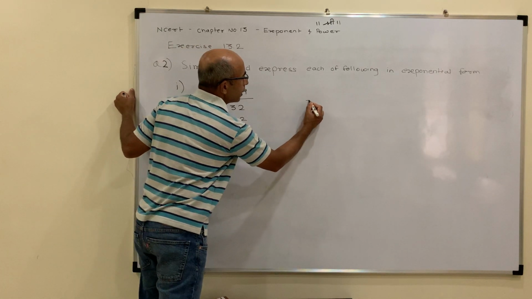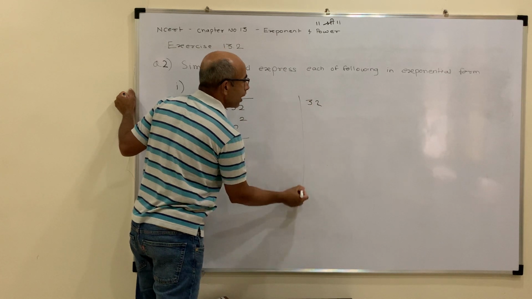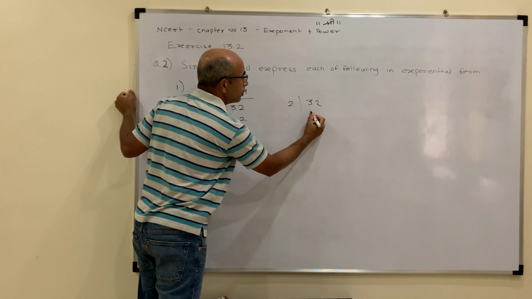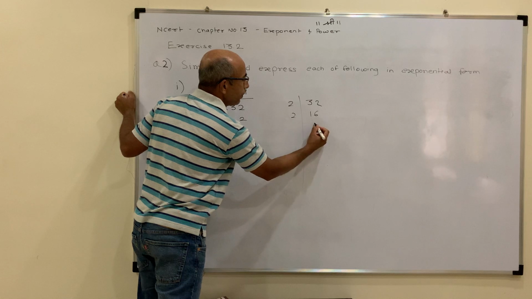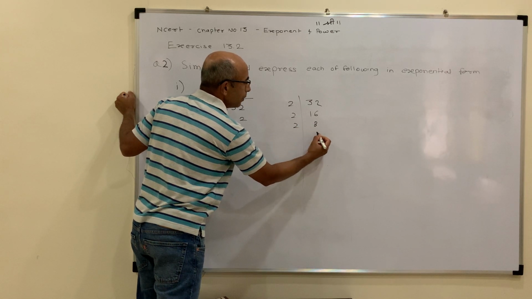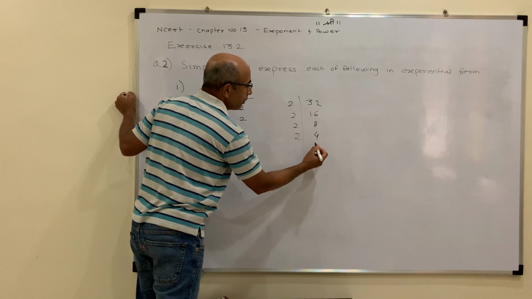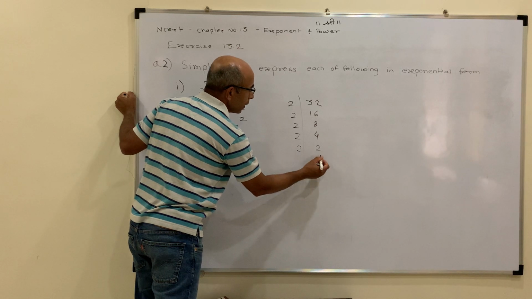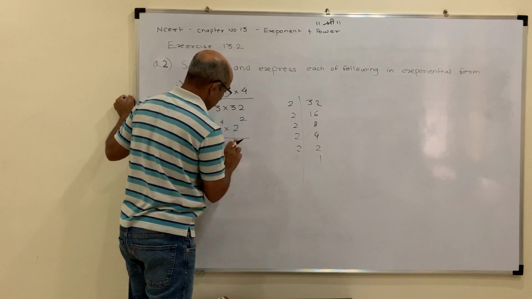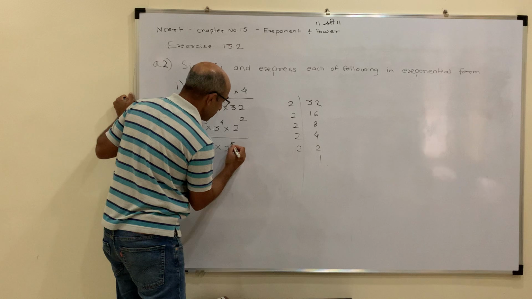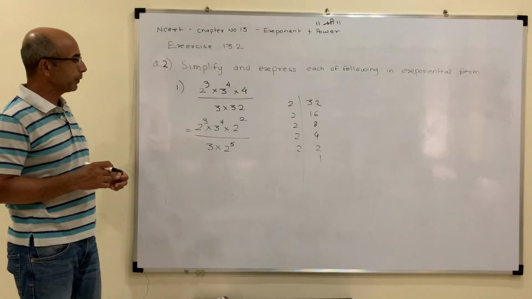So here I write the 32 and then I divide by 2: 16, 8, 4, 2, 1. Counting 1, 2, 3, 4, 5, it comes out to be 5. So 32 is 2 raised to 5.